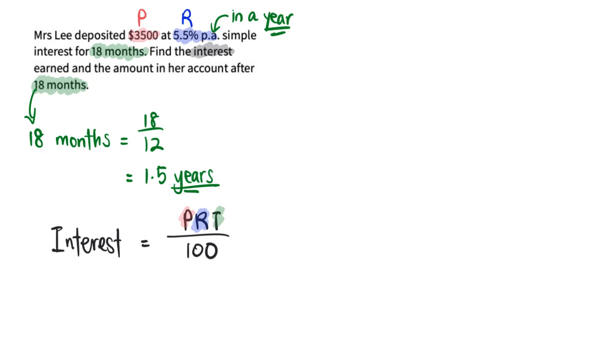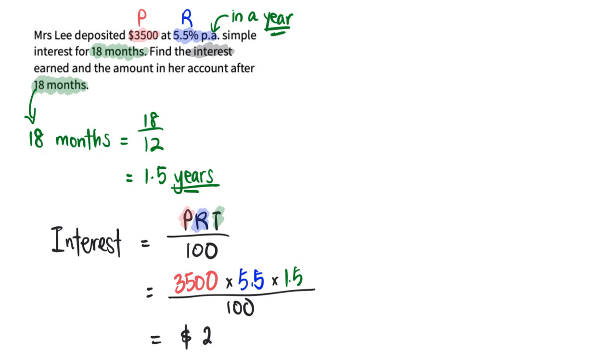So this will be equal to 3,500 multiplied by 5.5 multiplied by 1.5, divided by 100, to give me a value of $288.75.